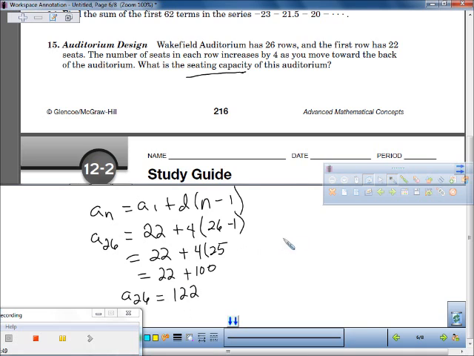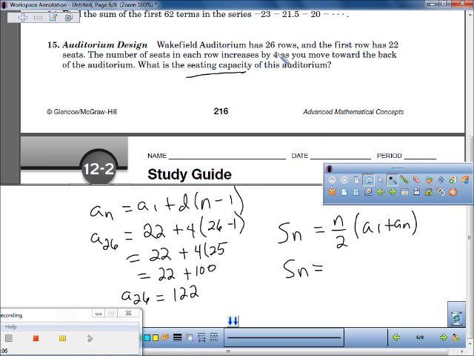Now, what we want to know is how many seats we can sell in the auditorium. So we need this formula as well. S sub n is equal to n over 2 times a1 plus a sub n. Okay, so n is the total rows in it. We have 26 rows, so it'll be 26 over 2. A1, the first row, had 22 seats in it. The last row had 122.